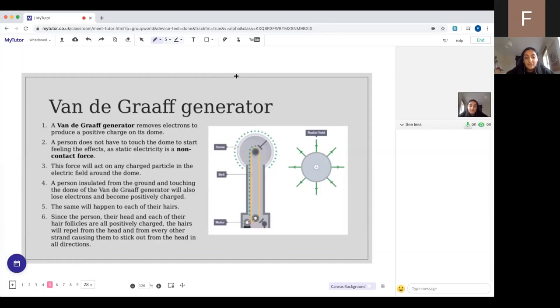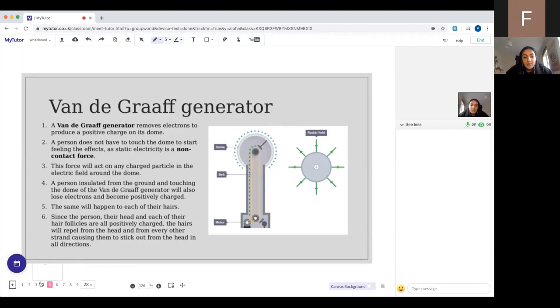But a Van de Graaff generator is essentially this piece of apparatus here, which consists of a motor, a belt, and a dome. Now the way that the Van de Graaff generator works is in 6 main steps. The Van de Graaff generator removes electrons to produce a positive charge on its dome.